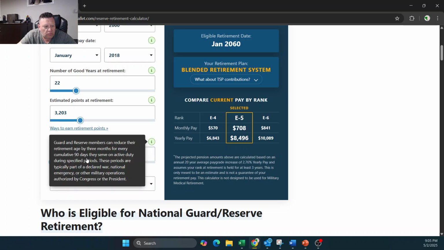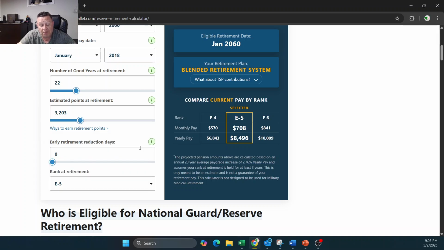For every 90 days that you serve on active duty during the specialized period, you could take 3 months off of your retirement age, and you can't go below 50. Now, if you did the math on that, that means you would have to be in these zones for like 10 straight years to get down to 50. So let's say this person has zero of those days. It's called early drop.